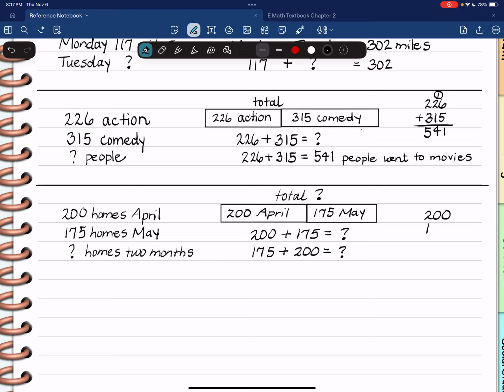Let's take the 200, the 175, and put them together and add the ones, the tens, and the hundreds. So that question mark is no longer an unknown. It is 375 in both of those equations. And the answer, the unit, is homes sold in 2 months.